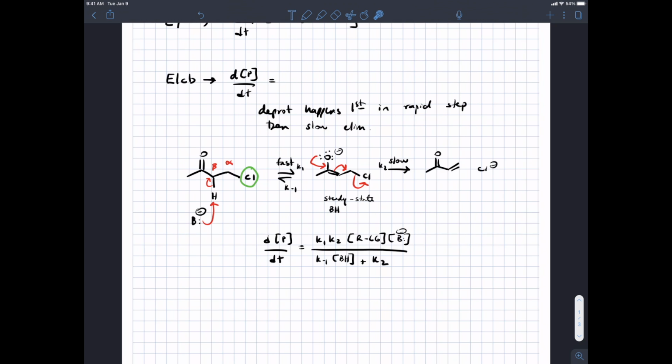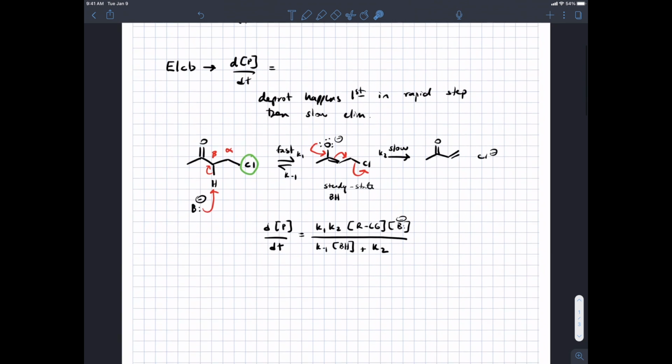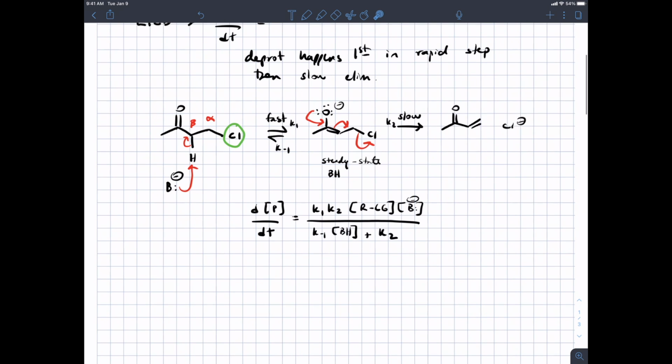So if you want to derive kinetics for this E1cb reaction, you can use the steady state approximation for this enolate intermediate, and if you do the math, you come up with this expression there, which is sort of where we ended. Let's talk about under what conditions you might observe different things.